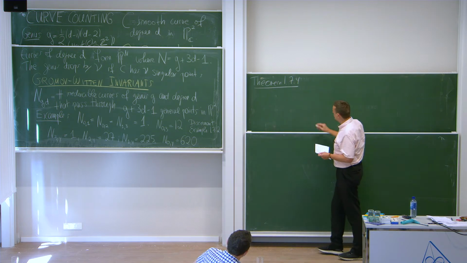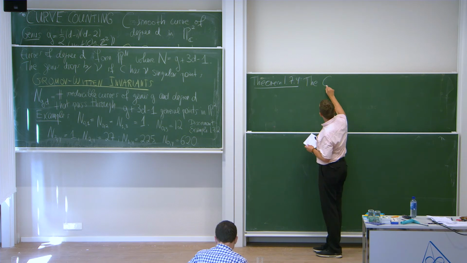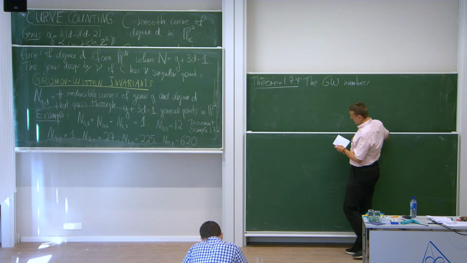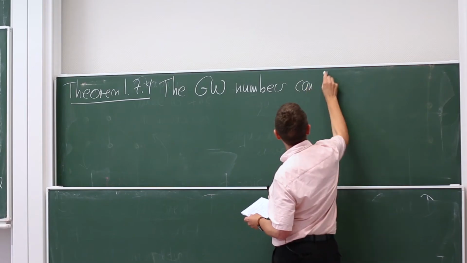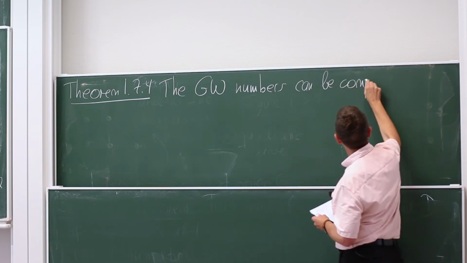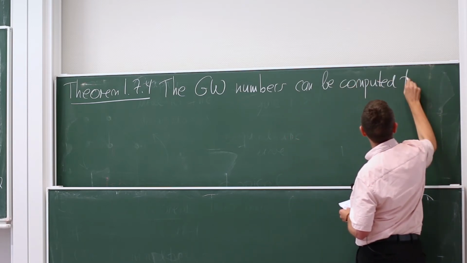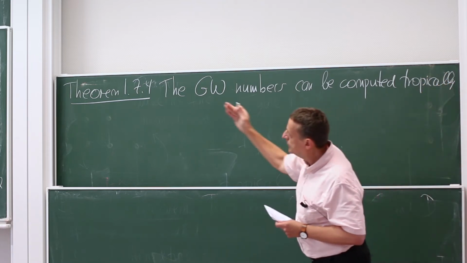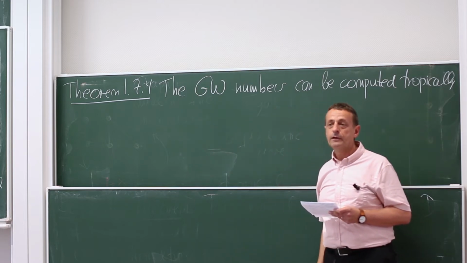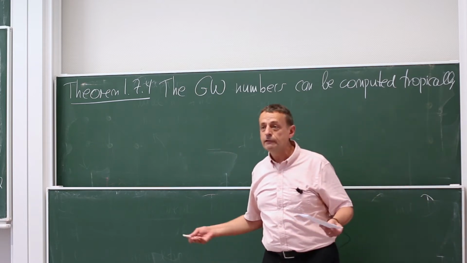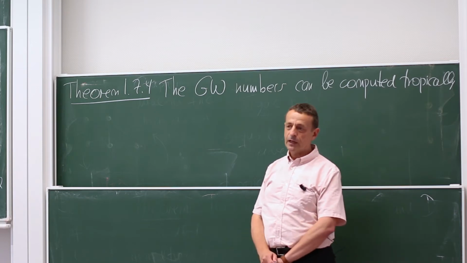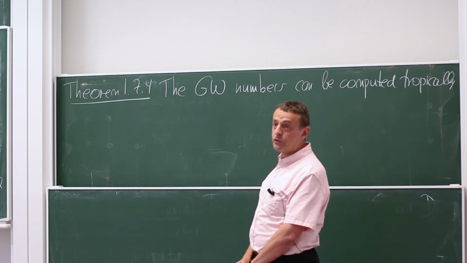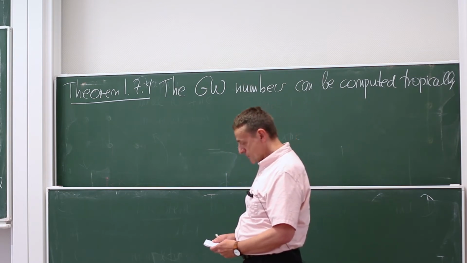So these numbers, the Gromov-Witten invariants or the Gromov-Witten numbers, can be computed tropically. So everything that's on the left blackboard, we will phrase tropically in the next 15, 20 minutes, and then doing a tropical count using combinatorial methods, you get exactly the same numbers.